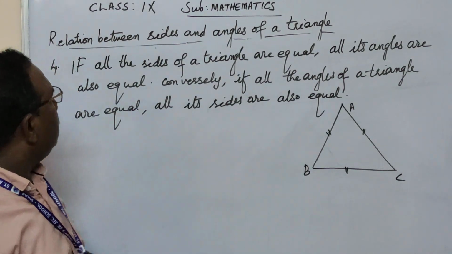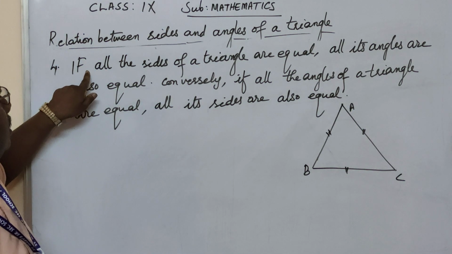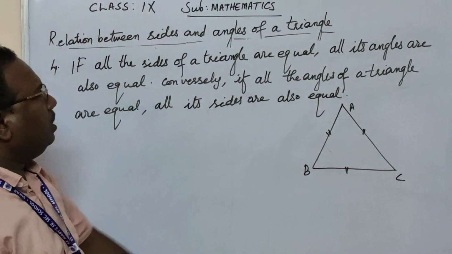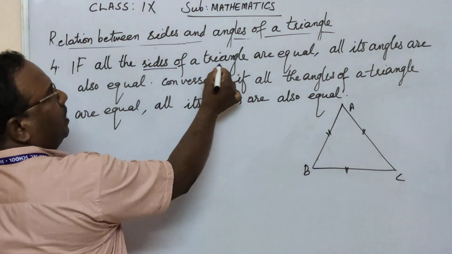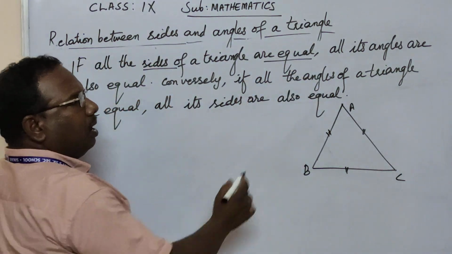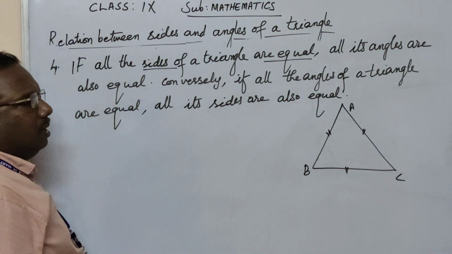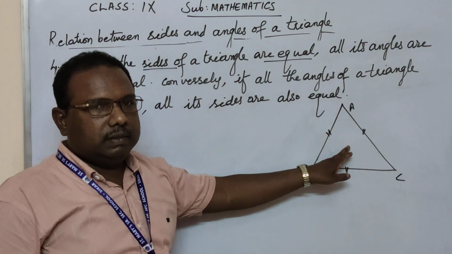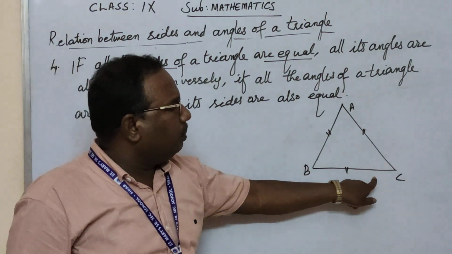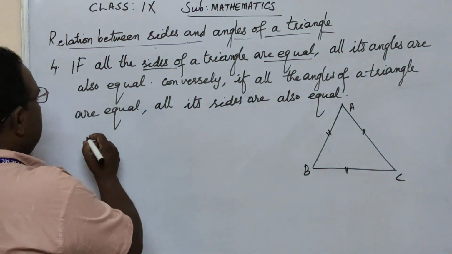Now let us come to the fourth point. Read the fourth point. If all the sides of a triangle are equal, all its angles are also equal. Come to this triangle ABC.